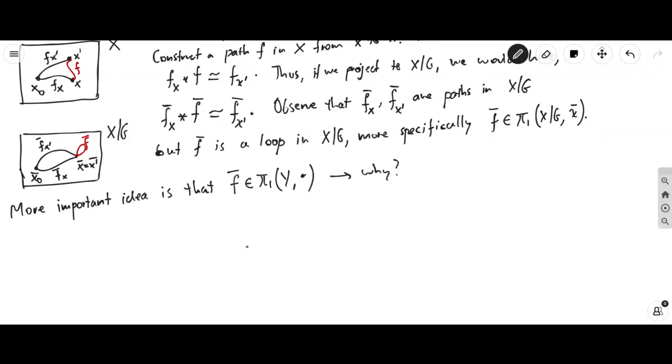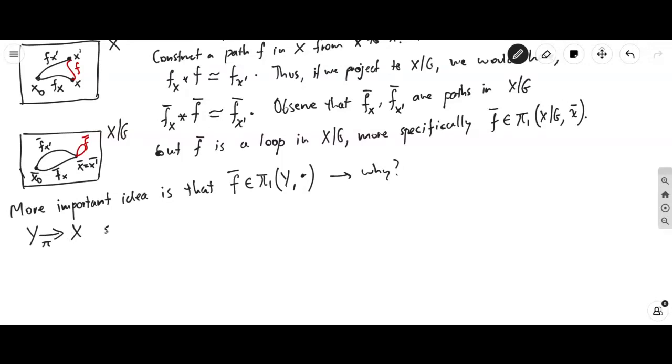So let me go back to this again. I know I mentioned this before, but because it's so important, this is really what makes the whole thing work, I have to go over this again. We have a covering map from Y to X. I know that previously I said from some point to some point. Let's not write the point over here. I just want to focus on the simple idea.